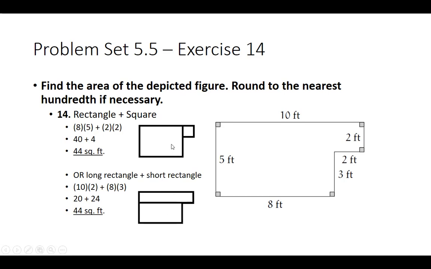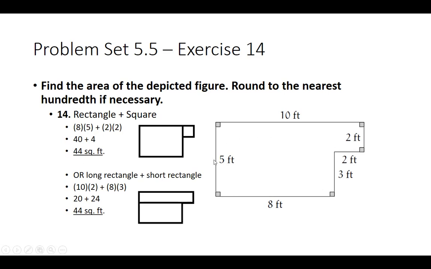Either way, we would need to find the areas of both and then add them together. So if you pick the rectangle and a square, the rectangle would be 8 by 5, and 8 times 5 is 40. The square would be 2 by 2, and 2 times 2 is 4. So the 40 plus the 4 would give us a total area of 44 square feet.